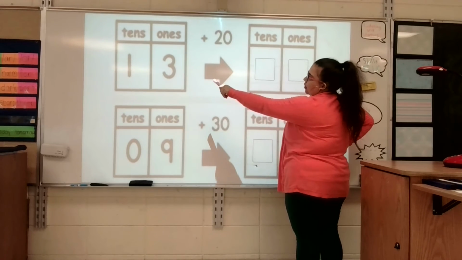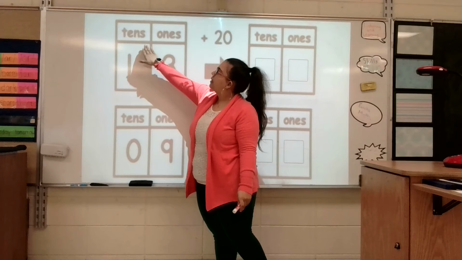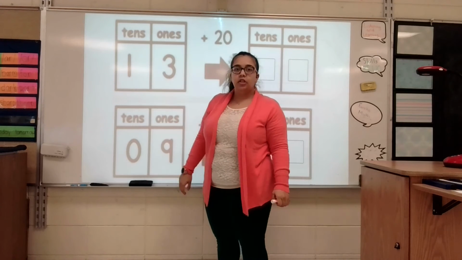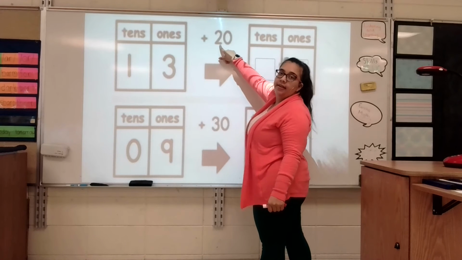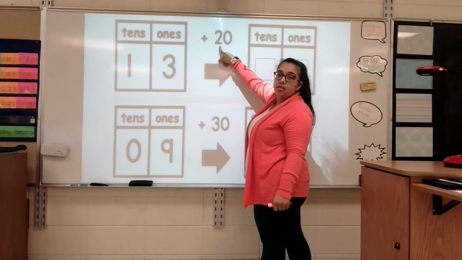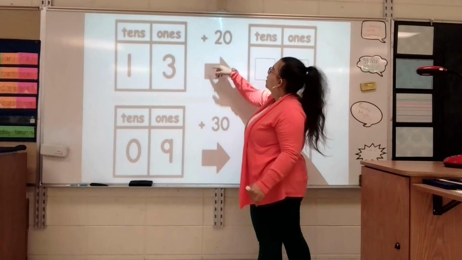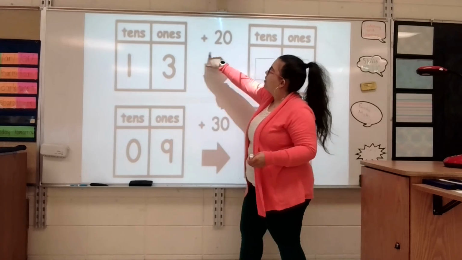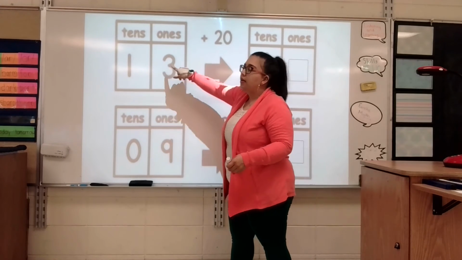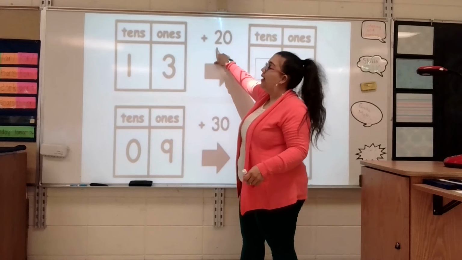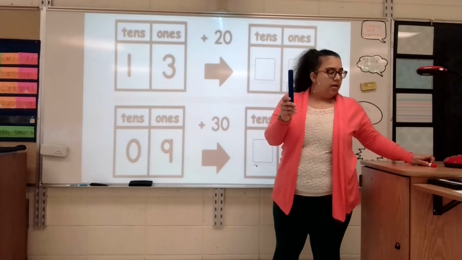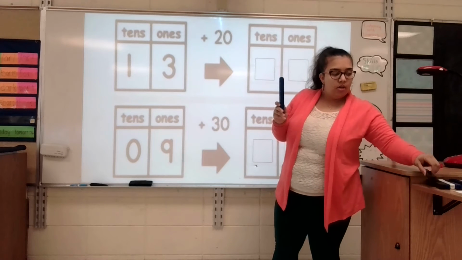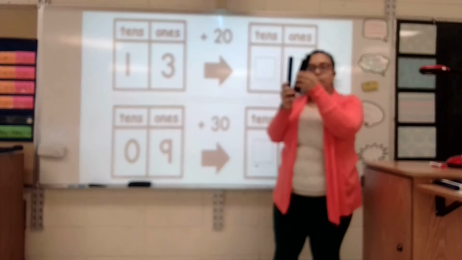Alright, so we're starting with 1 ten and 3 ones, 13. And we're moving up by 20, which is 2 groups of 10. So let's increase the tens place from one group of 10 by 2 groups of 10. So from one group of 10, we need an additional 2 groups of 10.